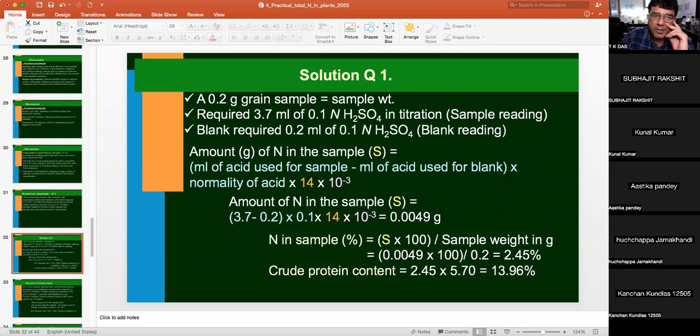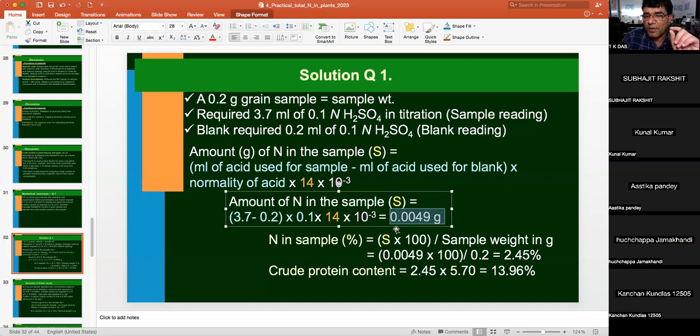You can see the formula is ml of acid used for sample minus blank, into normality of acid, into 14, into 10 to the power minus 3. Putting in these values: 3.7 minus 0.2, into normality 0.1, 14 equivalent weight, 10 to the power minus 3, so that you get the value in gram. So the nitrogen in the sample was 0.0049 gram, and the sample weight was 0.2 gram.